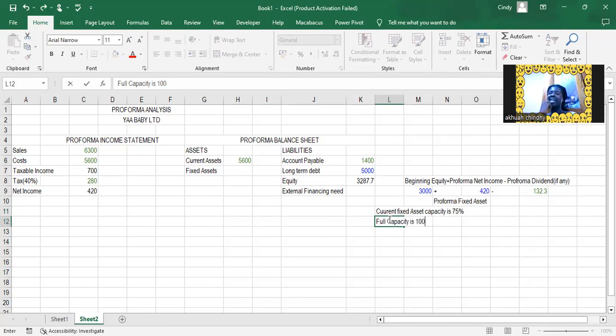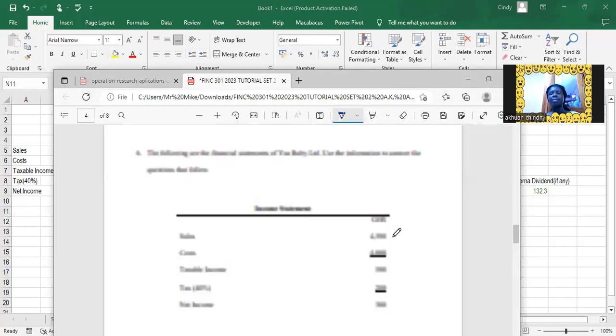We've not reached there yet. Currently, we are at 75%. Then this 75% is giving us our old sales, which is 4,500. So this 75% is giving us 4,500.